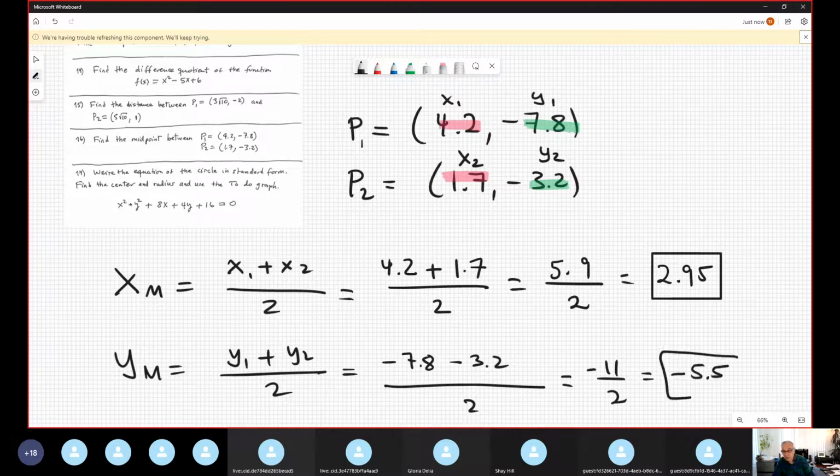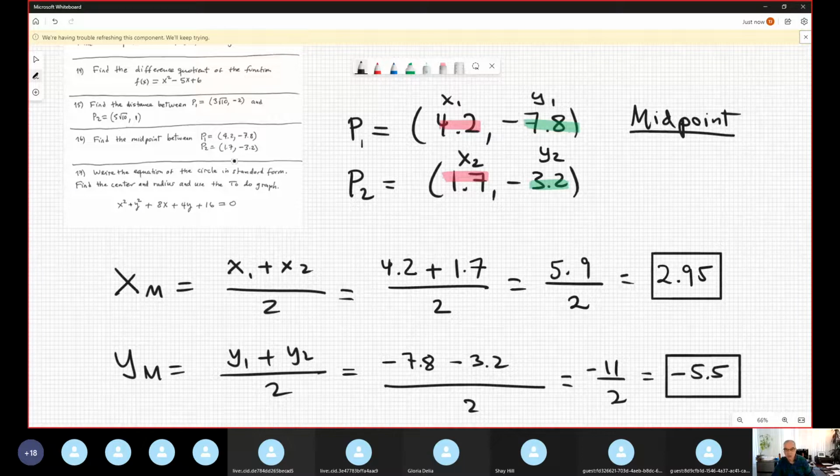Therefore, our famous midpoint, in between the segment connecting P1 and P2, is located at the position 2.95 comma negative 5.5.